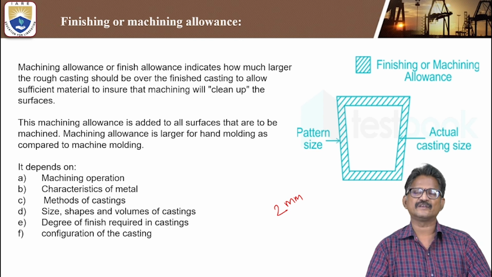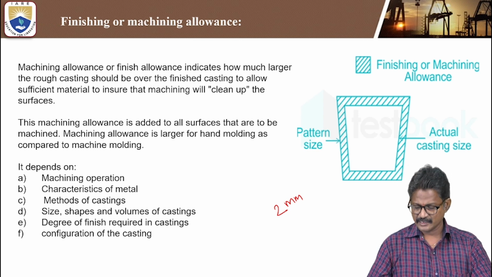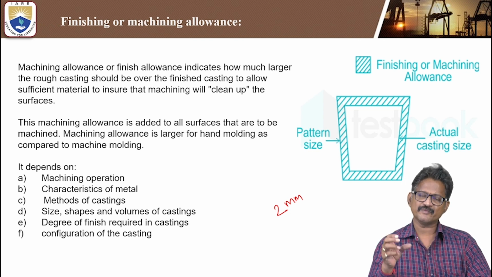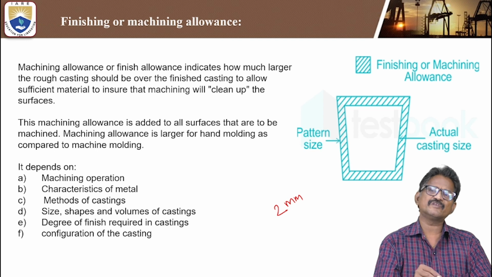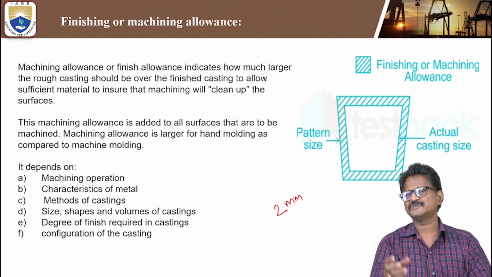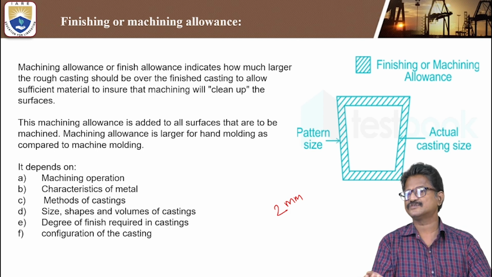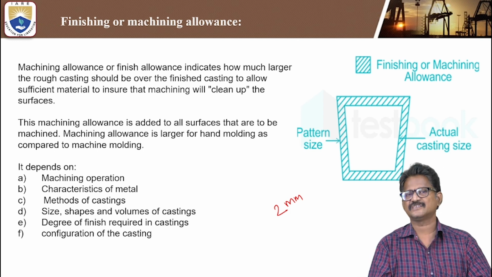So you can see this is the machining allowance, and the final component will be obtained. If you don't provide the machining allowance, the size of the component may be reduced when you do some finishing.